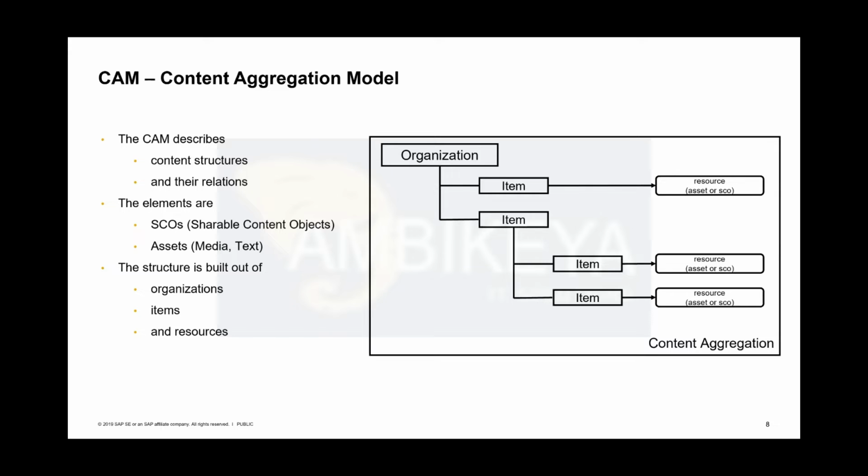A SCORM package that is uploaded to such a learning management system is packed into a zip file. And what the learning management system does is it takes this XML file out of the package, parses it, analyzes it, and then takes the single files that are mentioned there in this catalog out of the package one by one and stores it in its own repository.